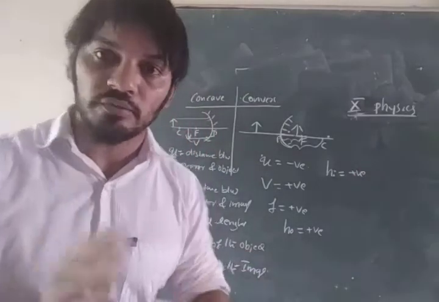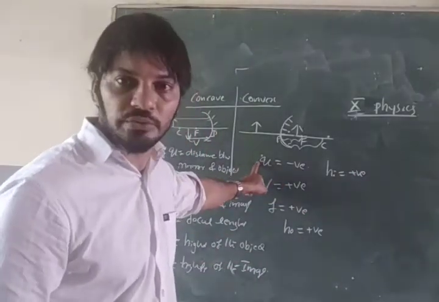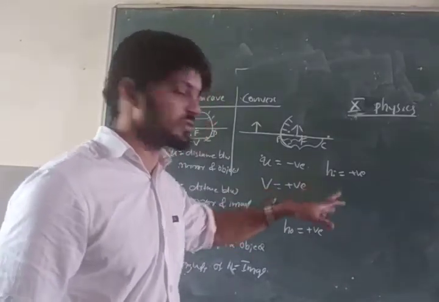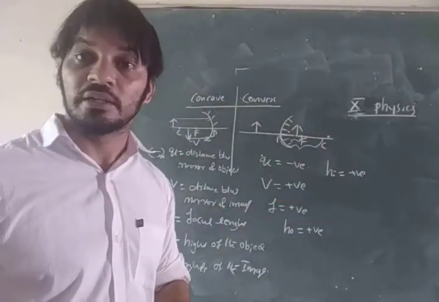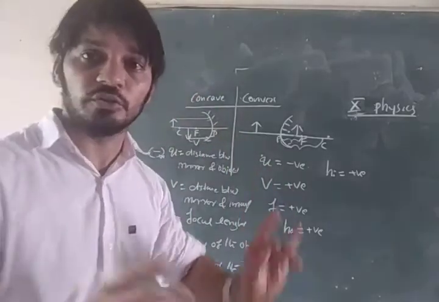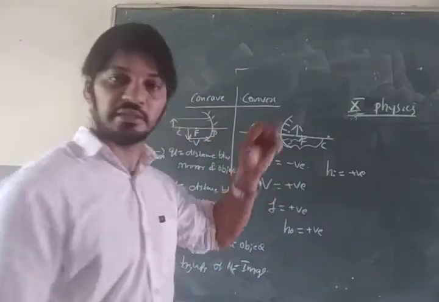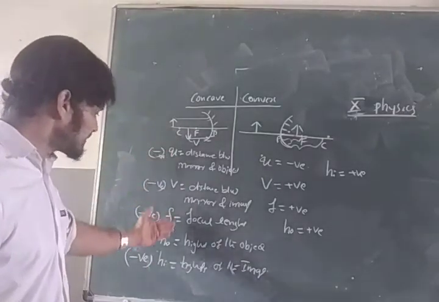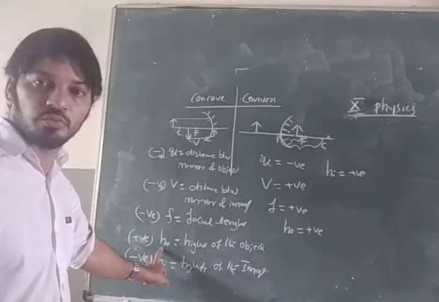Understood? In convex, always U is negative, V positive, F positive, HO positive, HI positive. Everything is positive in convex except U negative. But in concave, everything is negative except HO positive.